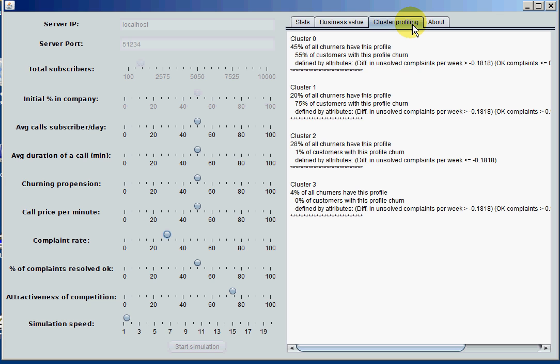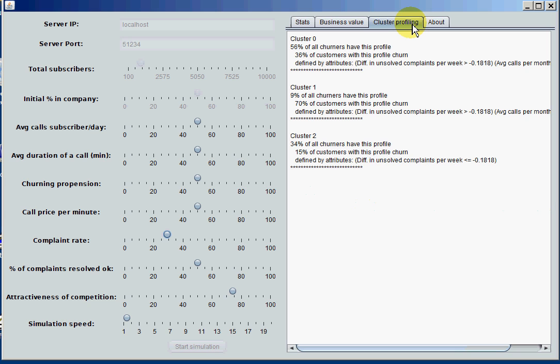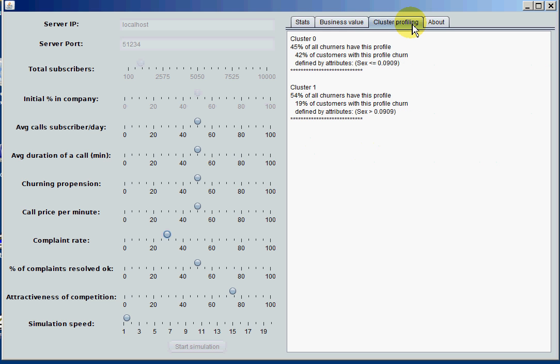In our case, our prediction method is called an adaptive Hoeffding tree. It is a kind of decision tree, and it is fairly easy to obtain these profiles from this decision tree. The profiles would be shown here. Again, in this proof of concept, the profiles are not necessarily those that we would obtain in a real scenario, but in fact those that we built into our synthetic data generator.